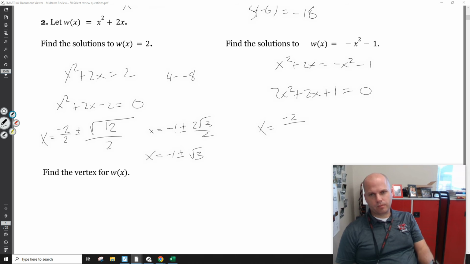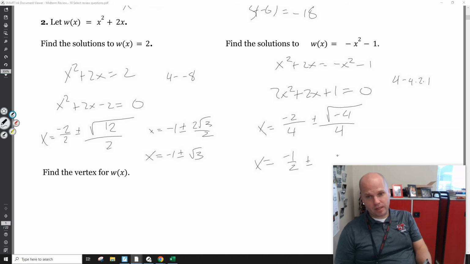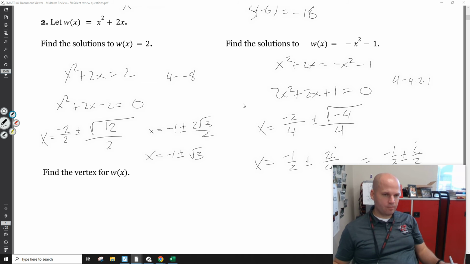Opposite of b over 2a plus or minus the square root of b squared minus 4ac. 4 minus 4 times 2 times 1. That's 4 minus 8, which is negative 4. All over 2a. Giving me negative a half plus or minus 2i over 4, which is negative a half plus or minus i halves.